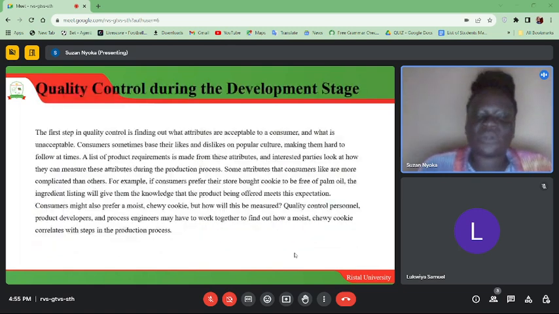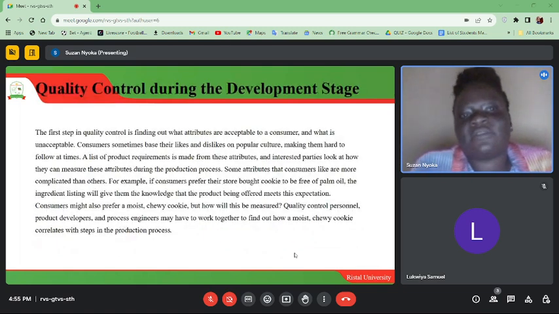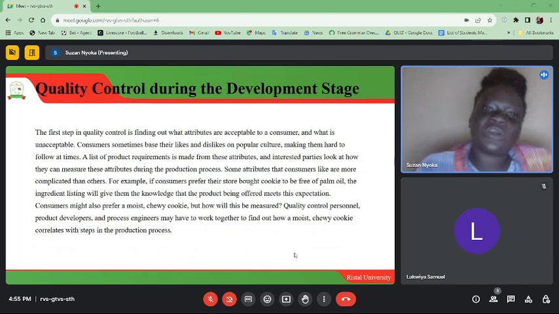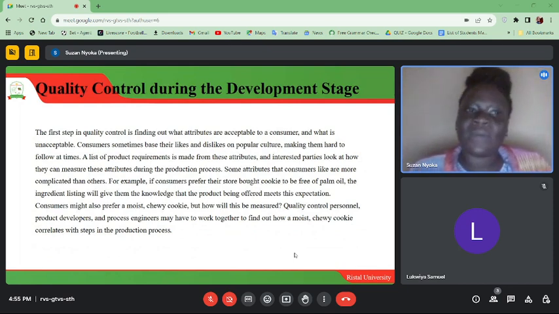And then quality control during the development stage. The first step in quality control is finding out what attributes are acceptable to a consumer and what is unacceptable. Consumers sometimes base their likes and dislikes on popular cultures, making them hard to follow at times. So a list of product requirements is made from these attributes and interested parties look at how they can measure these attributes during the production processes.